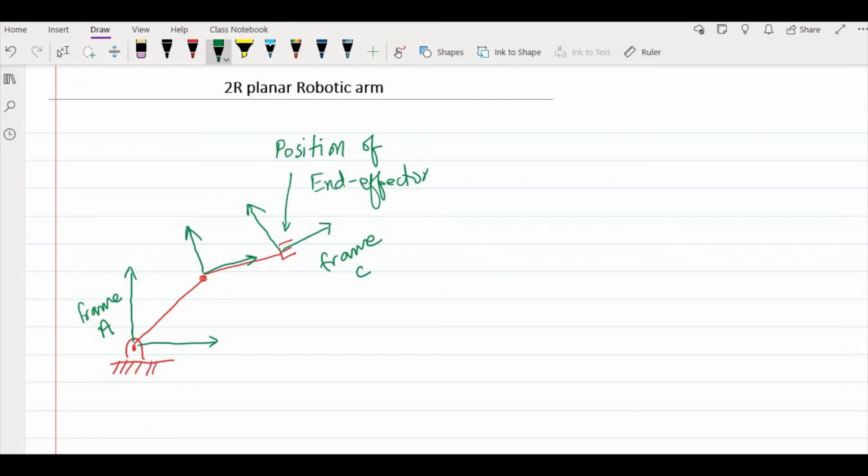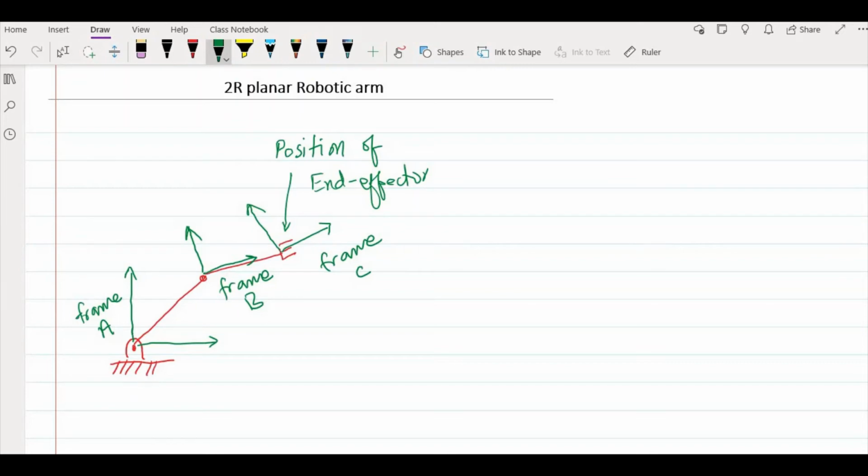Let's call it frame B. Now you see that some frames are rotated with respect to our base frame. For example, frame C is rotated with respect to frame A by some angle theta, and the same is true for frame B. And also they are rotated and translated. Translated means their origins are at a distance from frame A.